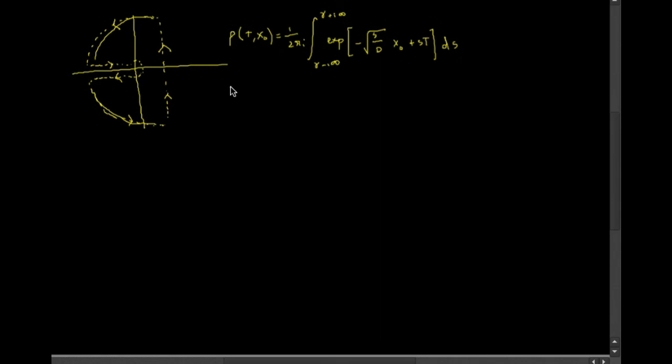The way you could see that is if you parameterized s by some R e to the i theta, and you took R to be something very large, and you looked at the magnitude of the integrand, you'd see that it actually vanishes as R gets very large. I'm not going to do that out fully here, but that's a good thing to just check. And so what this means is that those aren't going to contribute anything.